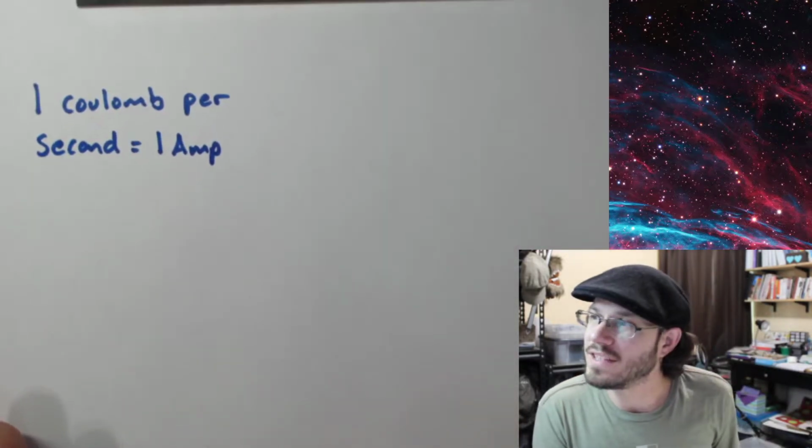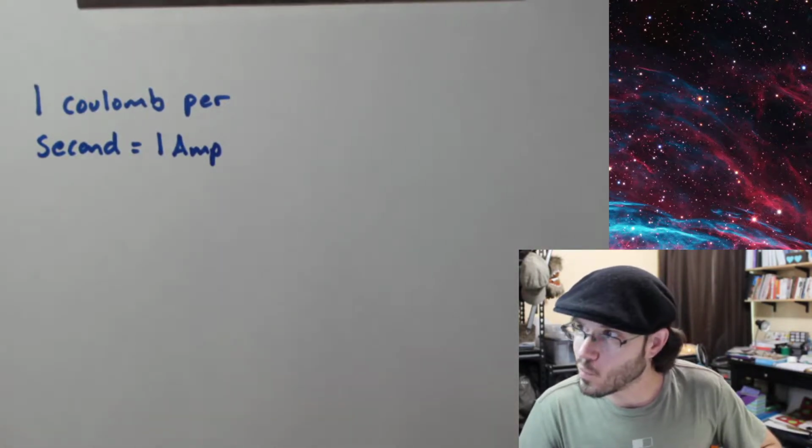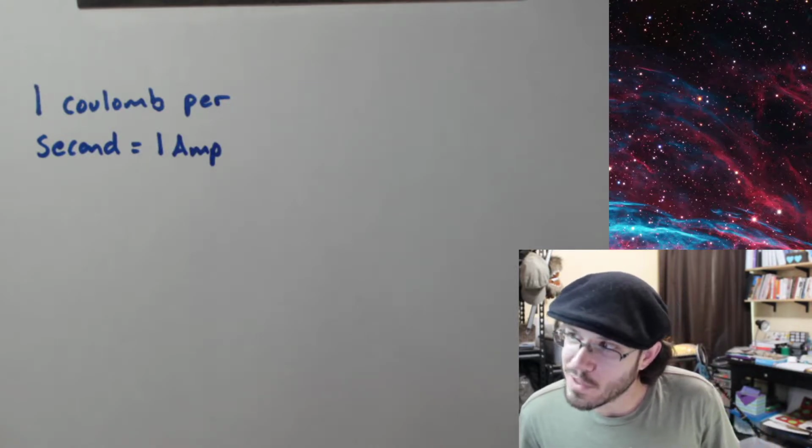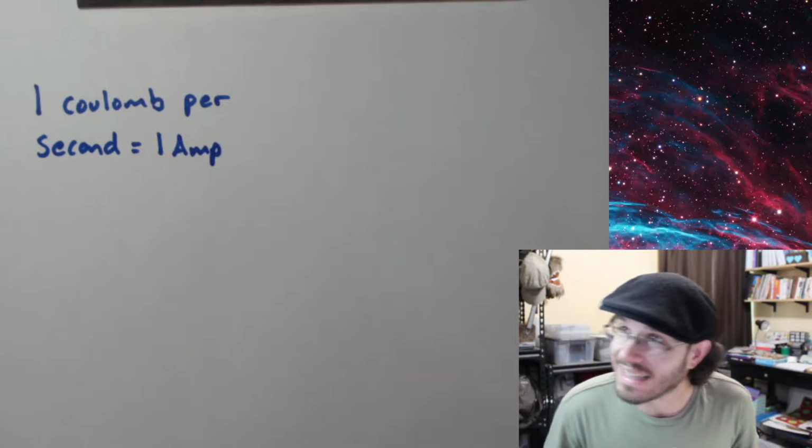Okay, so on the left side, I'm going to say 1 coulomb per second equals 1 amp. That's what I just said. 1 coulomb is equal to 6.25 times 10 to the 18 electrons.